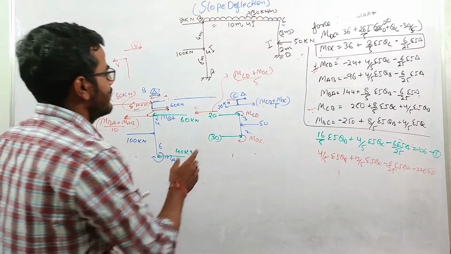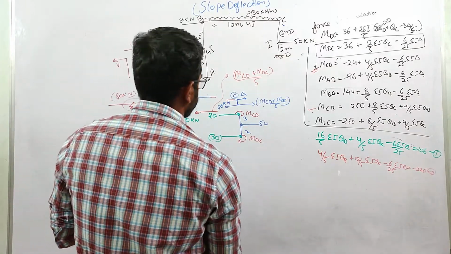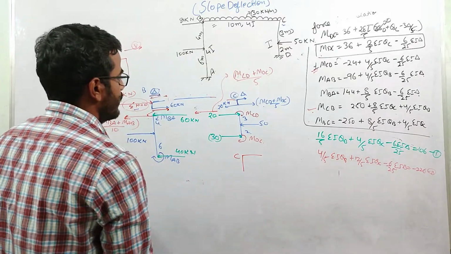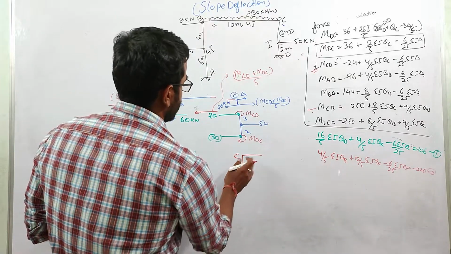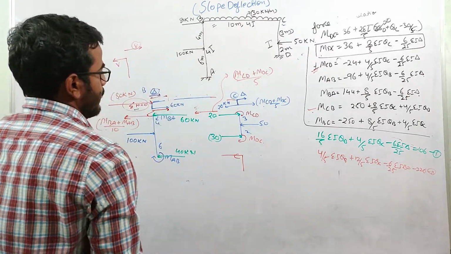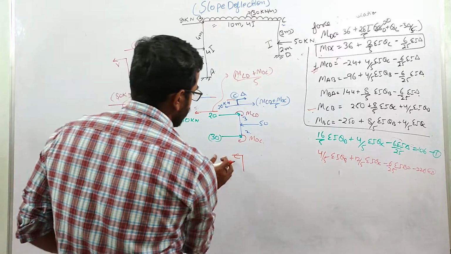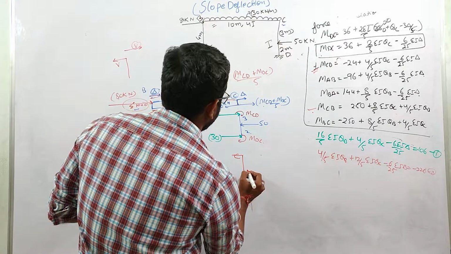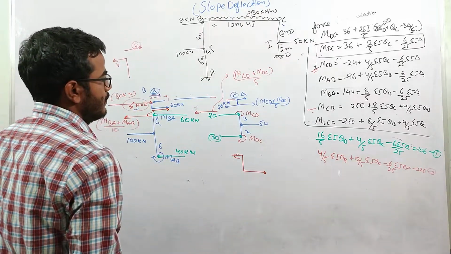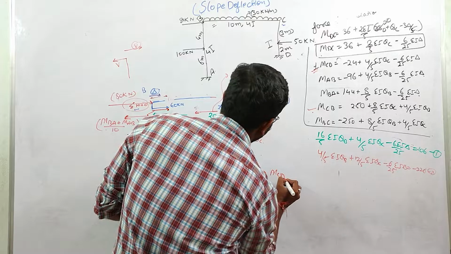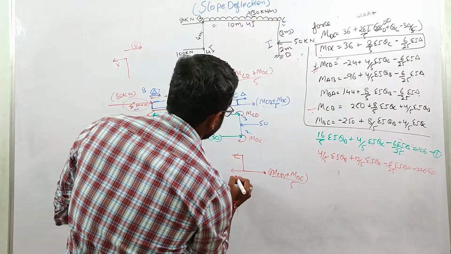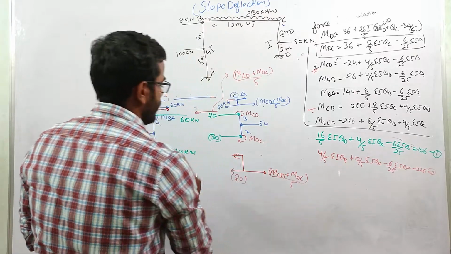Now if you consider this C joint, we cut it over here, right? Now you can see that one force is MCD plus MDC over 5, and one force is basically 20 kilonewton.